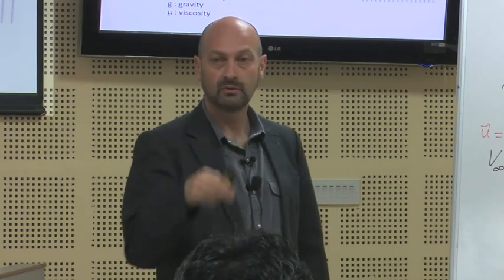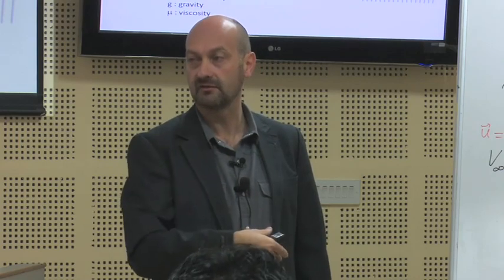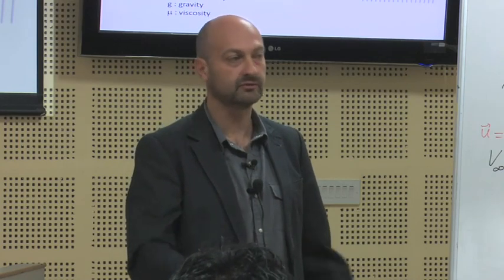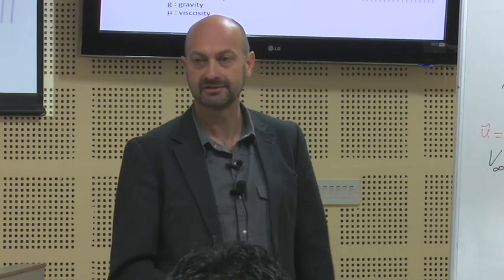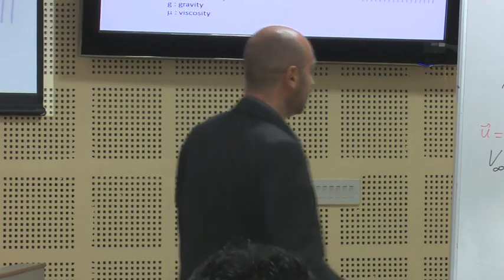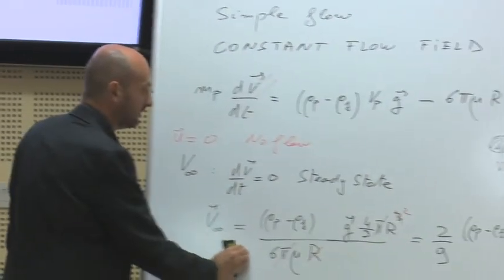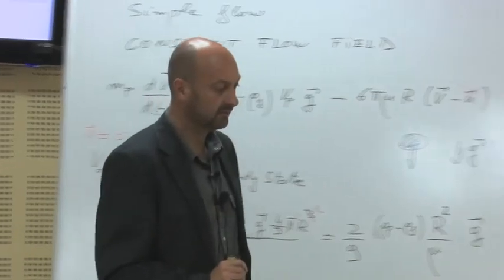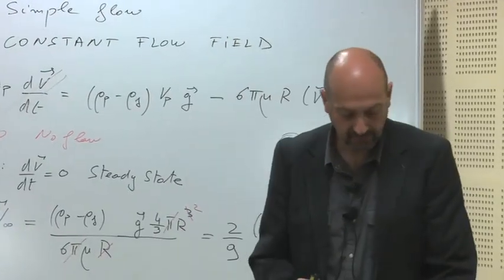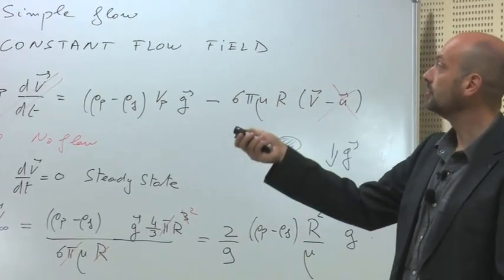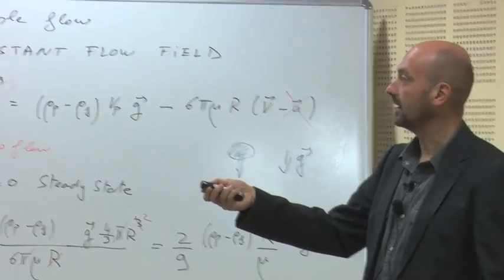When you go to very small particles, the settling velocity is very, very low. You have to wait a long time, and it's not very efficient. So this is the velocity that you can evaluate thanks to Stokes drag.